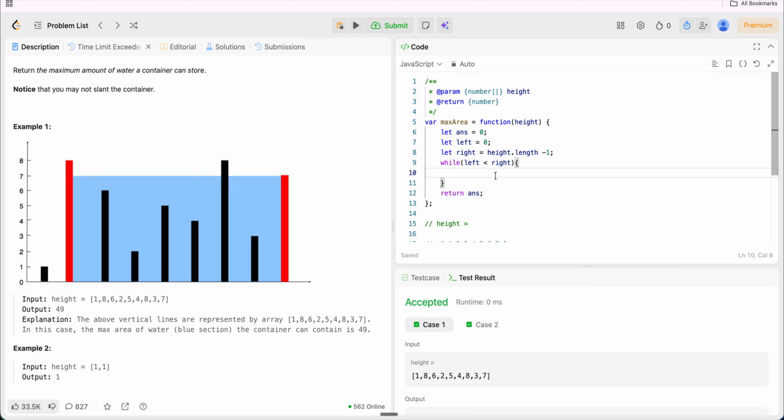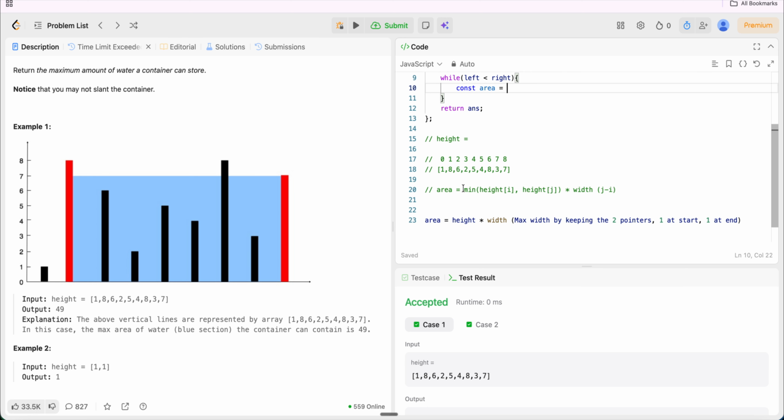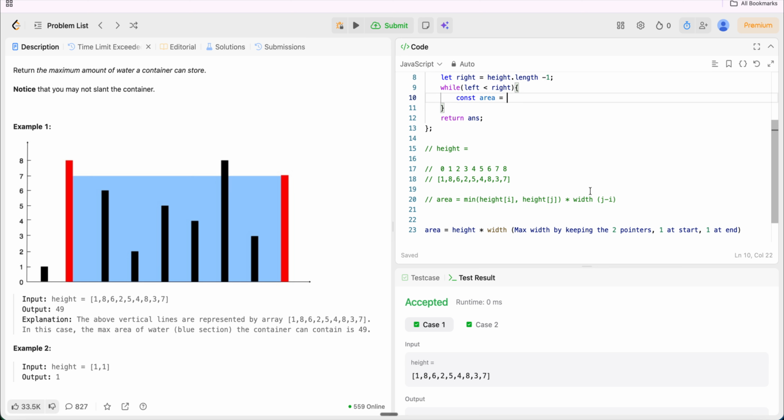So in this case, what will I do? First I will calculate the area. Area is nothing but the minimum of these two heights and then the width.